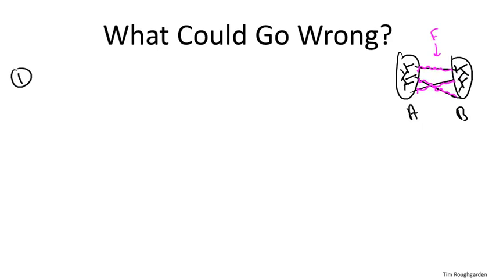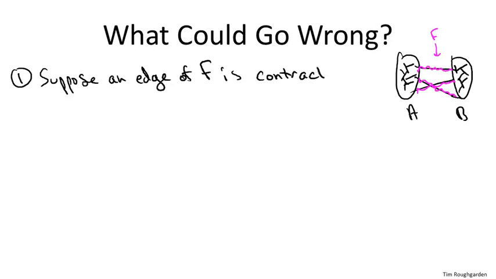Suppose at some iteration one of the edges of F gets chosen for contraction. Well, because this edge of F has one endpoint in A and one endpoint in B, when it gets chosen for contraction, it causes this node from A and this node from B to be fused together. What does that mean?